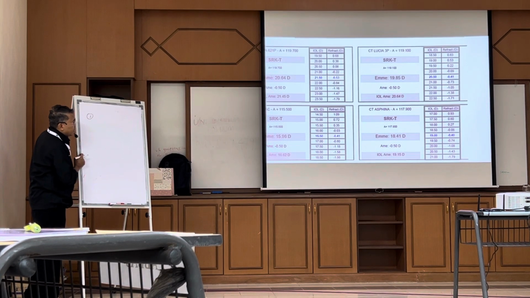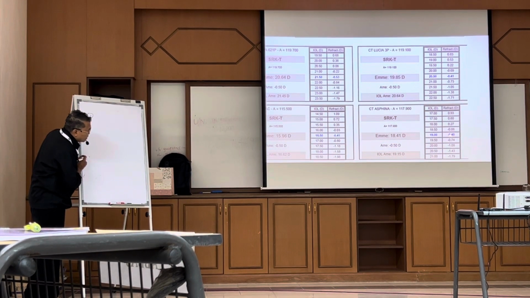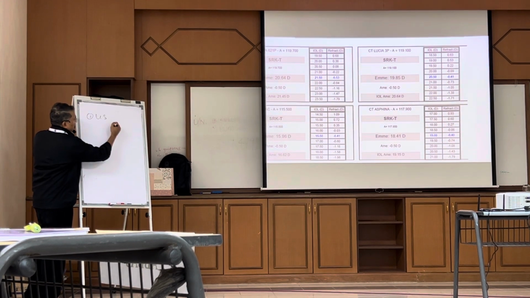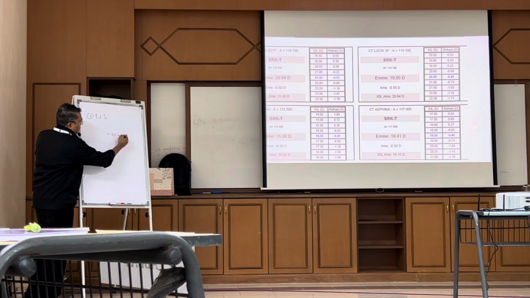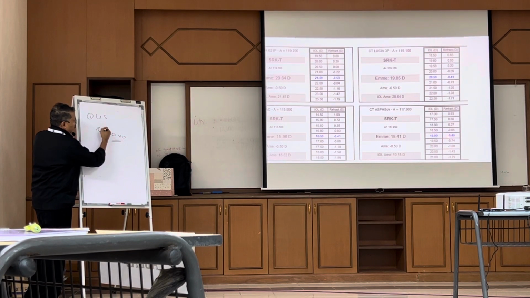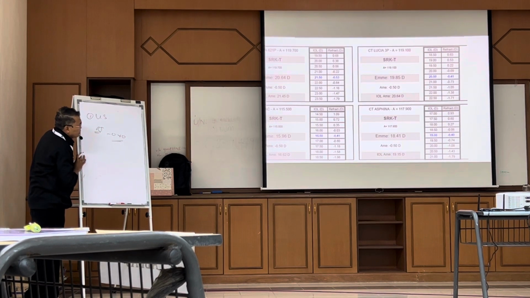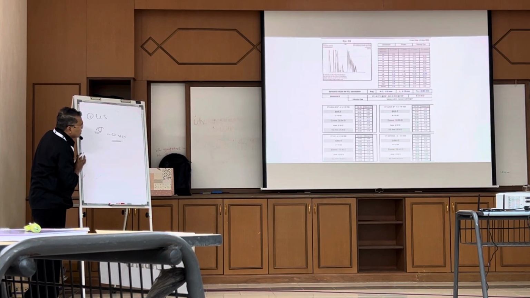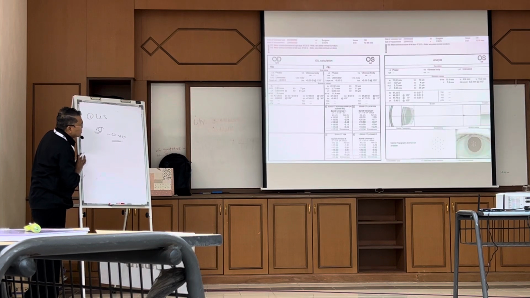You're using the SRK/T? Yes, SRK/T. So this is actually the left eye. The target is -0.4. Ultrasound, so there's actually -0.4, the residual refractive target. Can we look at the IOL Master on the left eye?